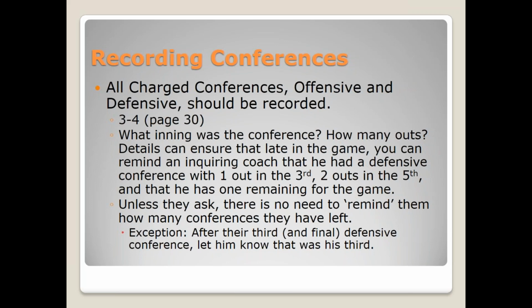In high school baseball, if we go to extra innings, you get 1 per inning on offense, 1 per inning on defense. They do not carry over. So if they've used none in the first 7 innings and we go to the 8th, they don't get 4, they get 1. That's all they get.